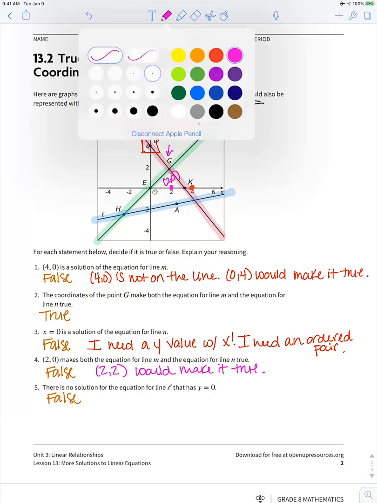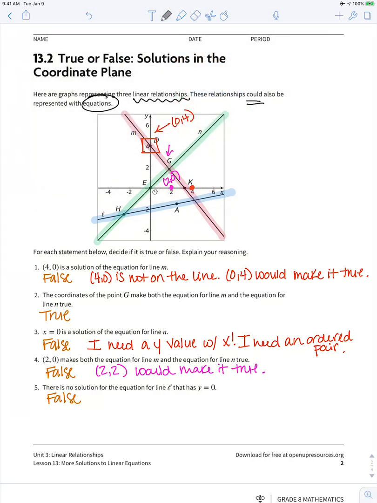Number 5, there is no solution for the equation for line L that has y equals 0. So let's talk about if I were to extend this. I'm just drawing kind of a gray line.